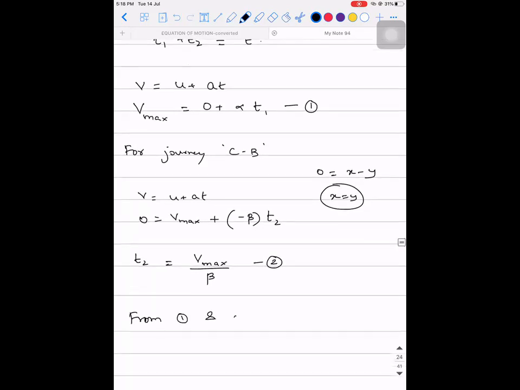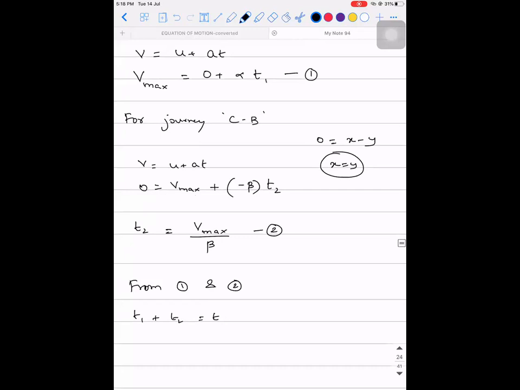From 1 and 2, T1 plus T2 is equal to T. That's what is given, the total time taken is T. So what is T1? V max divided by alpha. Plus what is T2?